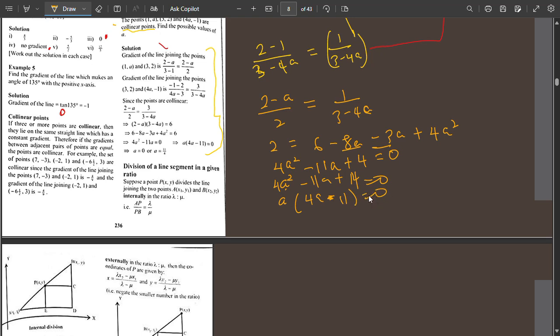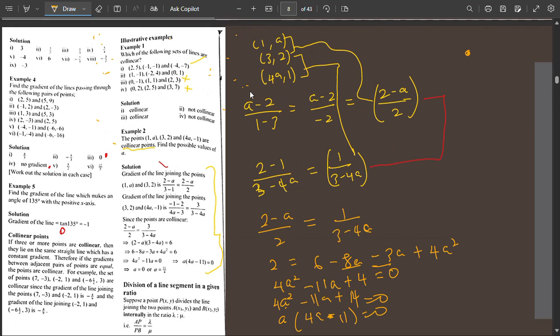Wait, I got a thing wrong. There is a 6 here. I made another mistake here. It's supposed to be 2 minus 1, so it's minus 1 here, and then this is plus. So this is 3 instead of 1, and then this is 6.